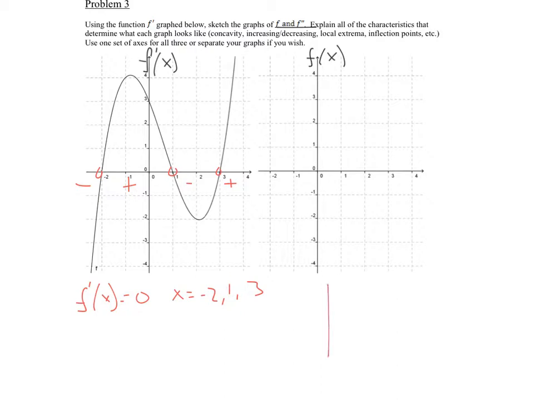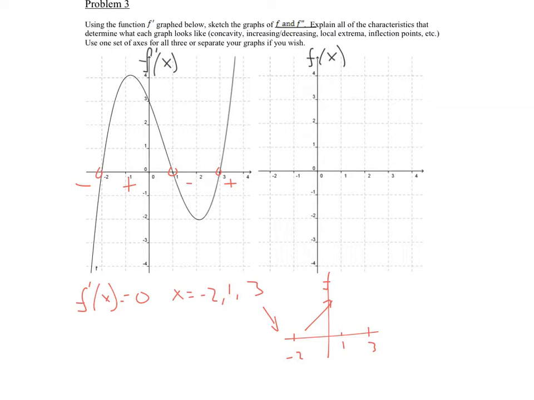So another useful thing is just to kind of make rough sketches here, all right, as we do this kind of thing. So -2, 1, and 3, we know those are special points so far, okay? And so we know our graph is coming down, our graph of f, that is. It's coming down to somewhere on -2, and it's going up because all of this is positive here. So that graph is going up.